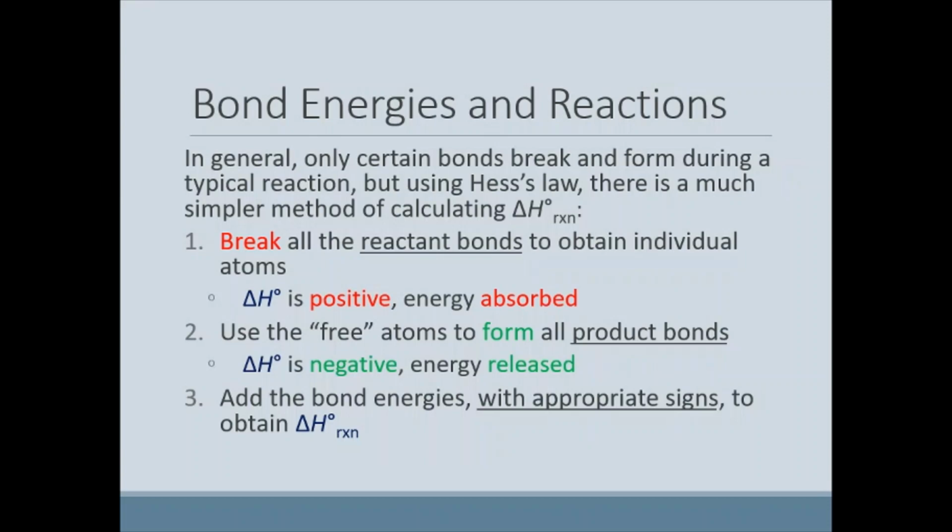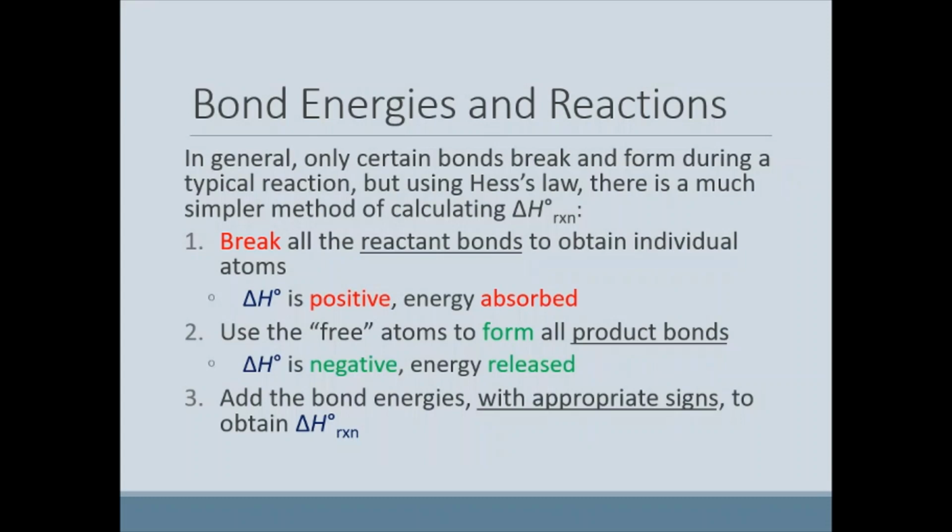And so once you break all these bonds, you're going to have what I'm going to call free atoms. Now you have free atoms. In order to form your products, you need to stick those atoms with the respective other atoms, or you need to form bonds between them.